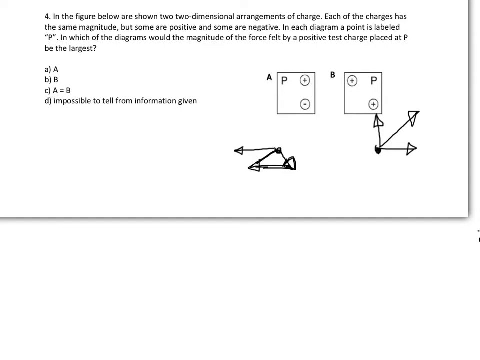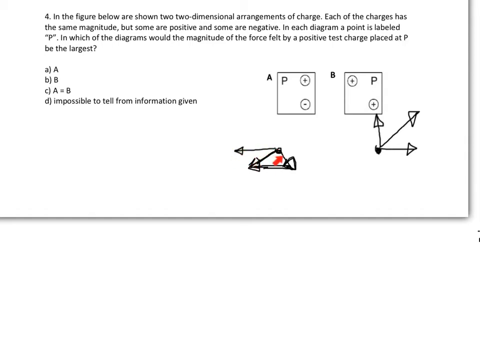And then my sum is going to be that one. So my sum here is this vector. Now I think you'll agree that the length of this line is shorter than this line, right? In fact, you can see since this angle between the two initial vectors is greater than 90, this is shorter than that.